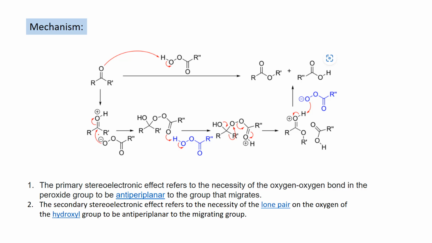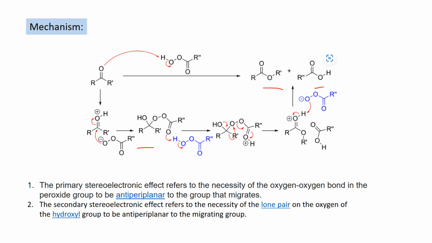Then this will attack, opening up this carbonyl compound and forming this intermediate. After that, this undergoes a rearrangement where this OH comes here and this R1 from the carbonyl moves here. You can see that R dash has been shifted to the oxygen atom and these parts get removed from the system. And you get this as your product with the acid as your byproduct.